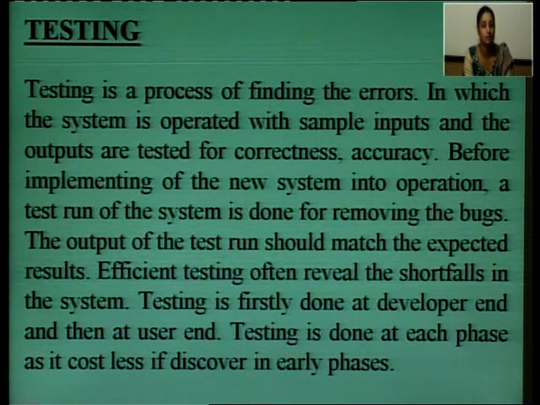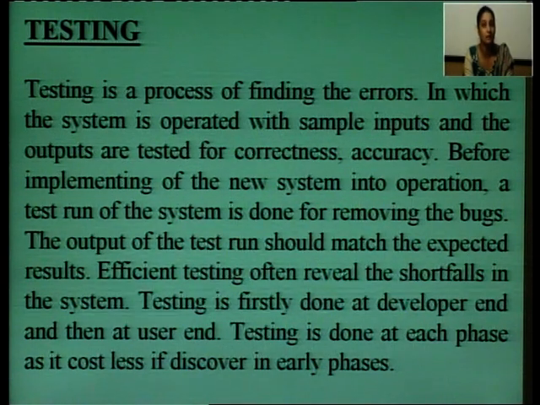Before implementing a new system into operation, a test run on the system is done to remove the bugs. The output of the test run should match the expected results. Efficient testing often relieves the shortfalls in the system. We remove the various shortfalls and disadvantages in the system by using testing.